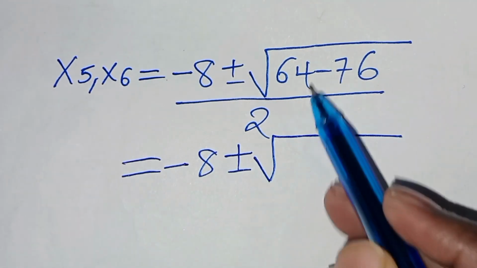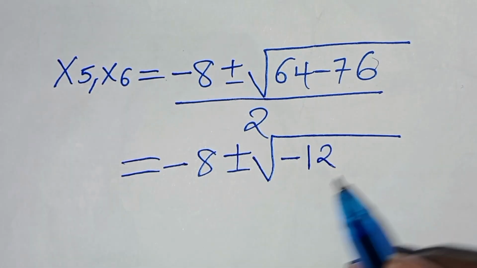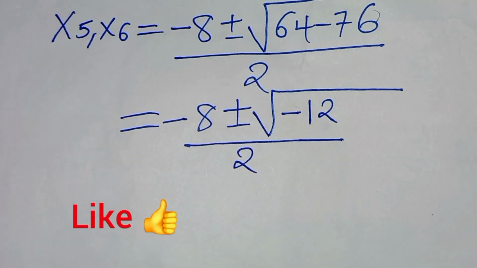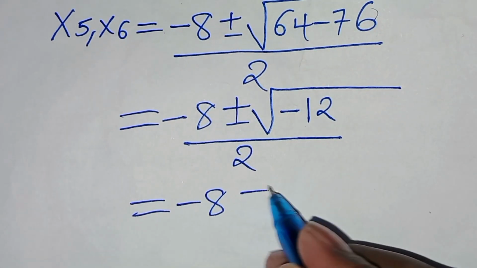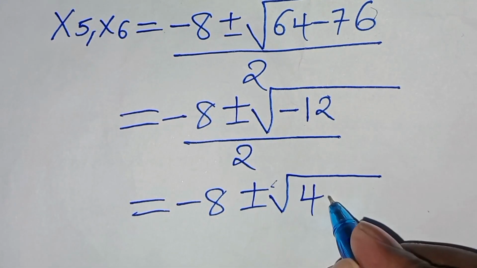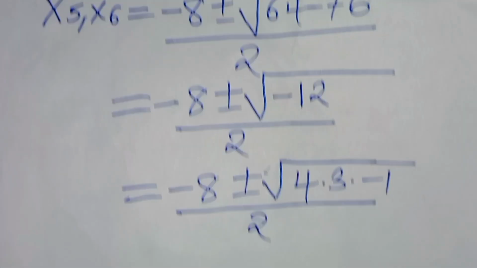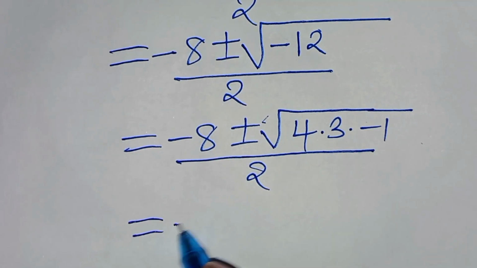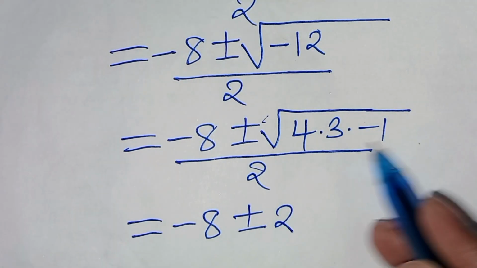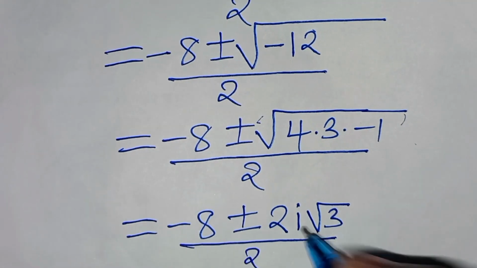Now here we have 64 minus 76, and this is minus 12, divided by 2. So in this case we have minus 8 plus or minus the square root of minus 12, which we can express as the square root of 4 times 3 times minus 1, all divided by 2. So here we have minus 8 plus or minus the square root of 4, this is 2, square root of minus 1, this is i, then square root of 3, over 2.